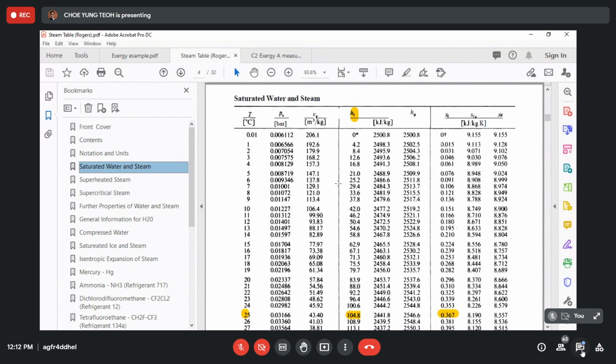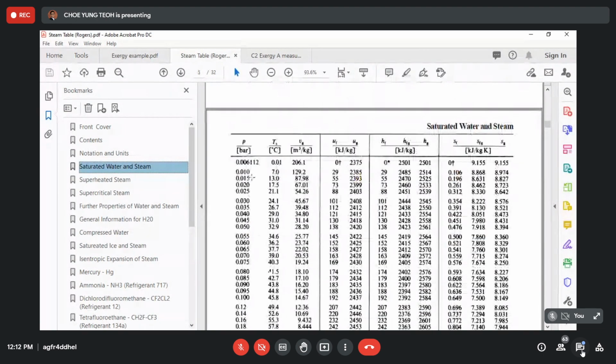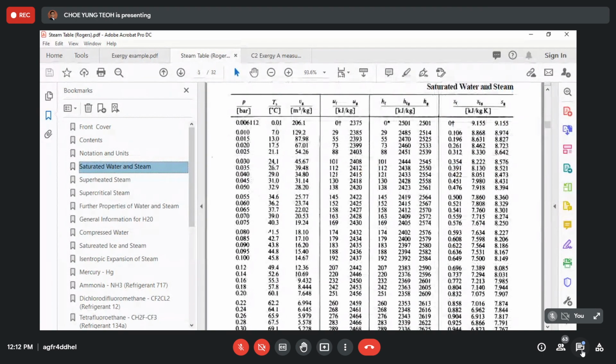If you do not want to use the H value, you can refer to the temperature table and find 25 degrees Celsius. It should be around here, between 24.1 and 26.7.